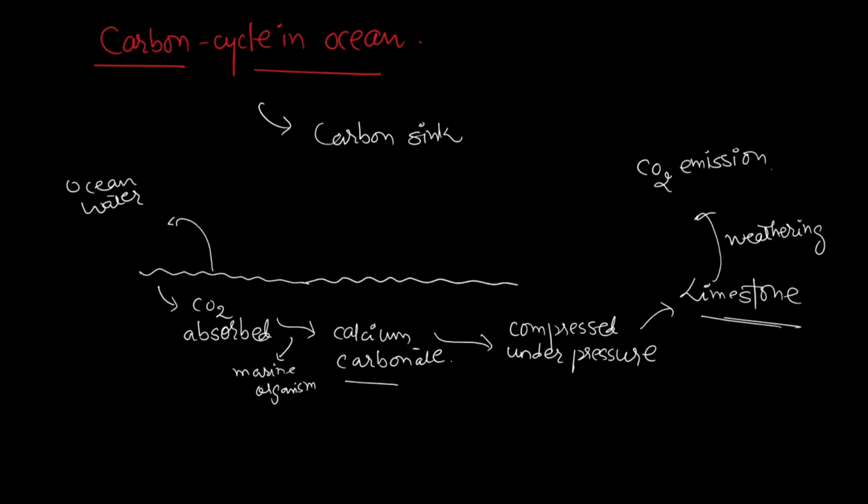Now, limestone is nothing but calcium carbonate, and when the weathering of calcium carbonate takes place, CO2 emission takes place. So due to the absorption of CO2, the ocean is known as carbon sink, and it finally emits CO2 due to limestone weathering. So that is how the carbon cycle takes place in the ocean.